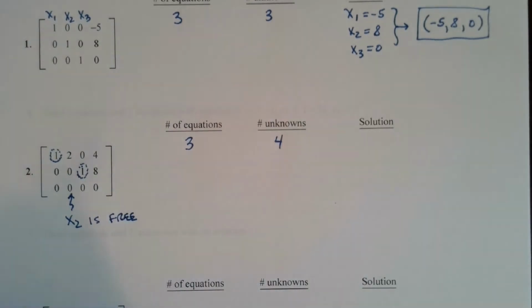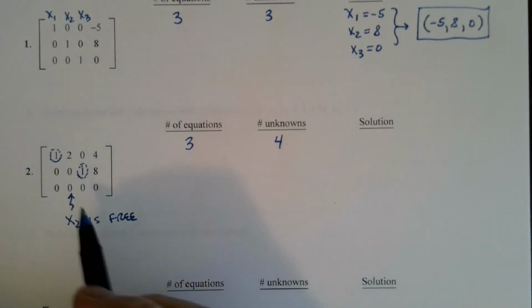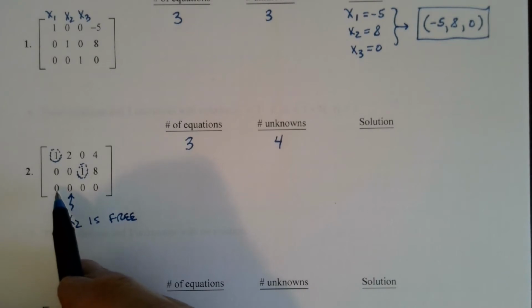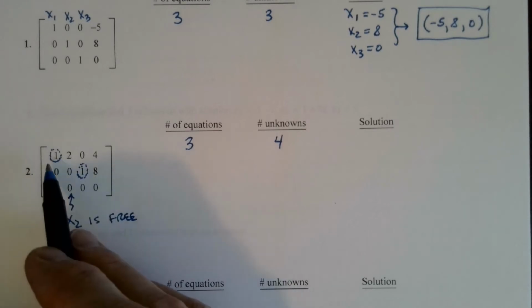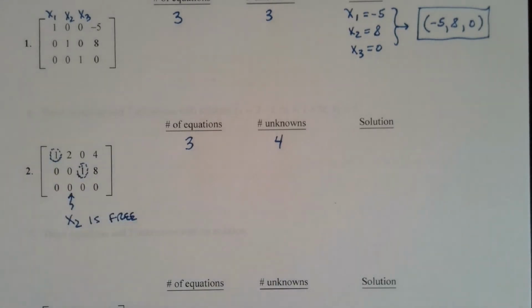And I know the system is consistent. The reason I know it's consistent is it's inconsistent if you have a contradiction, like 0 equals 1. This last equation says 0 equals 0. That's not a contradiction. Here I've got x sub 3 equals 8, and then an equation involving x sub 1 and x sub 2. So this is a consistent system.